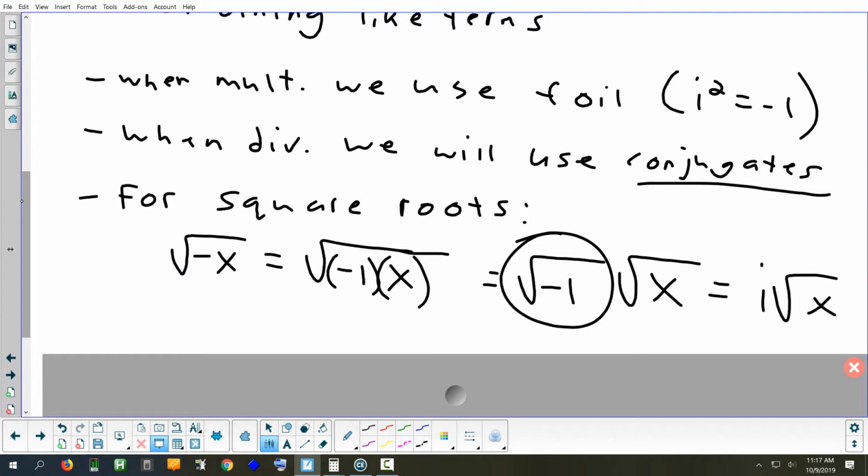So, let's try these. How about, Vinny, what's the square root of -4? 2i. 2i, yep. How about the square root of -7? Would it be i square root of 7? Yep, that's one of the cases where you should put the i in front. How about the square root of -9? 3i.